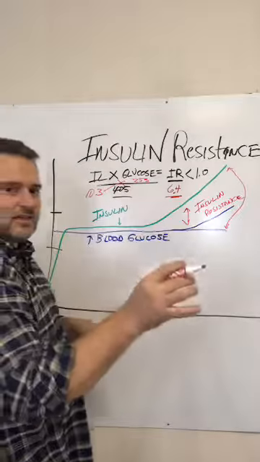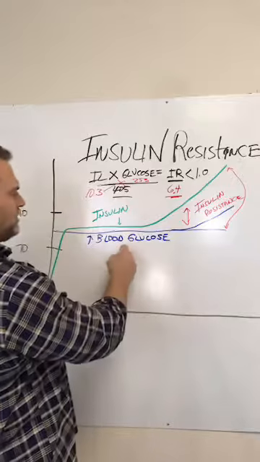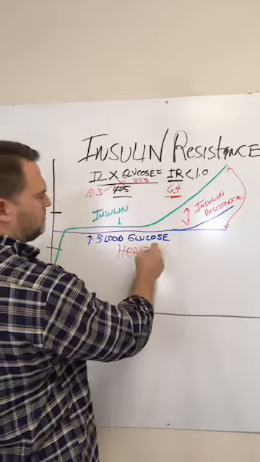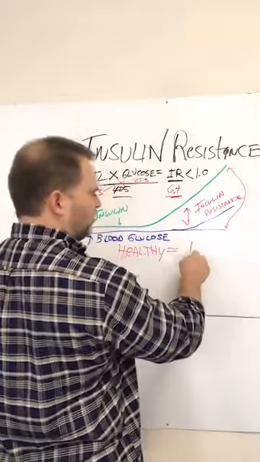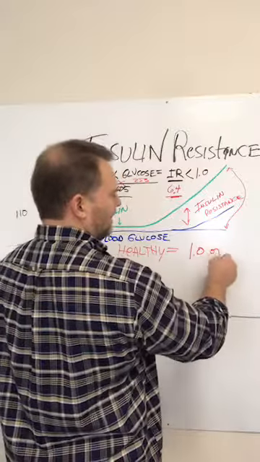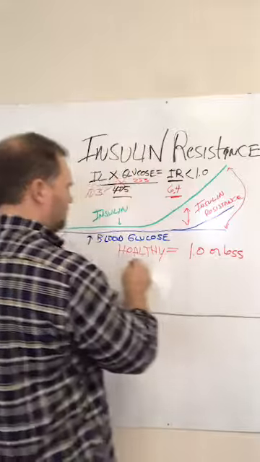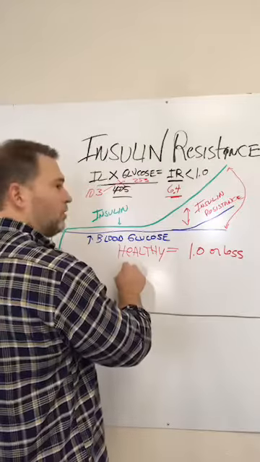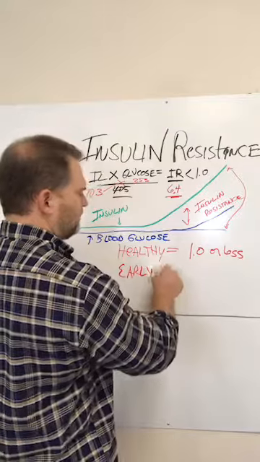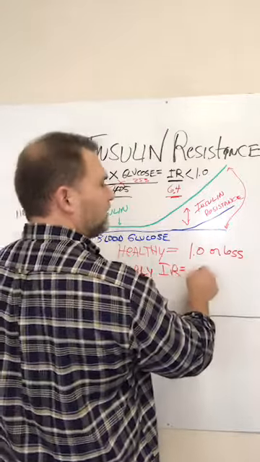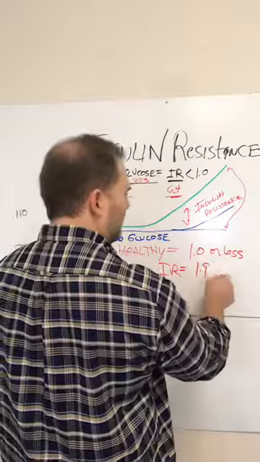Here are the ranges that are acceptable. Healthy is 1 or less. Early insulin resistance is 1.9.